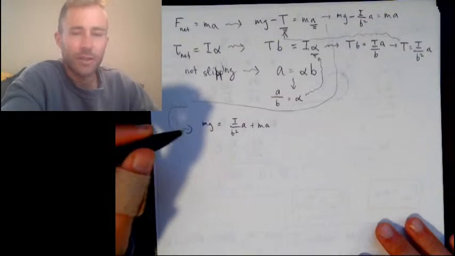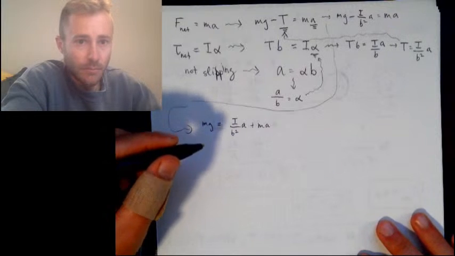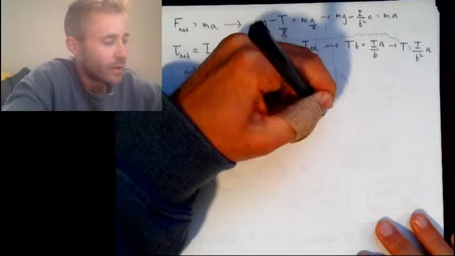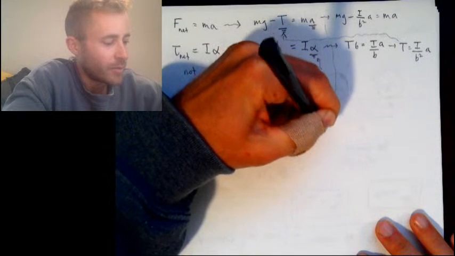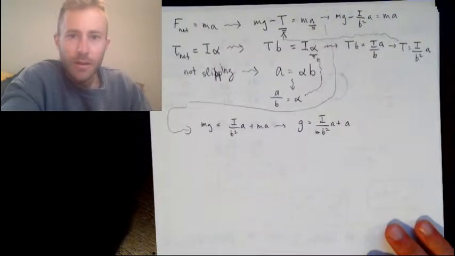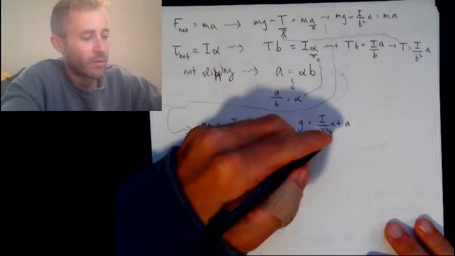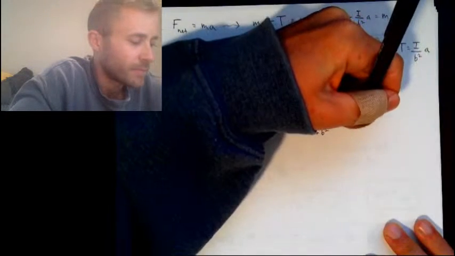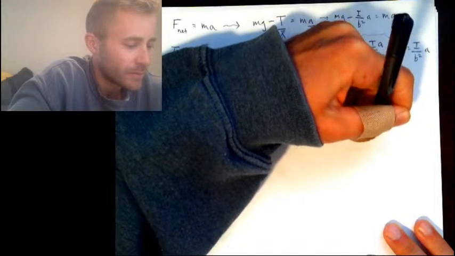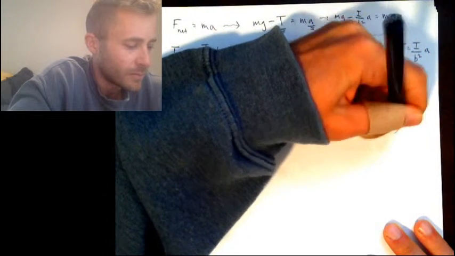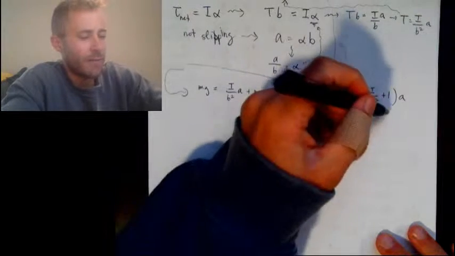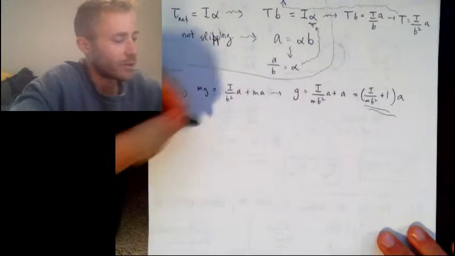I divide both sides by M, so G equals I over MB squared times A plus A. Then I factor out the linear acceleration on the right-hand side, and divide by this big chunk to solve for it.